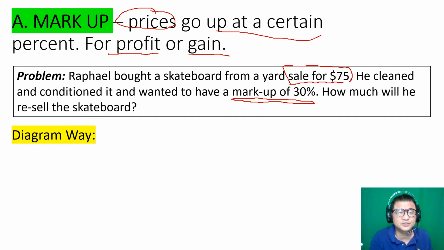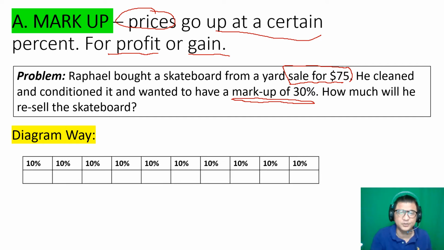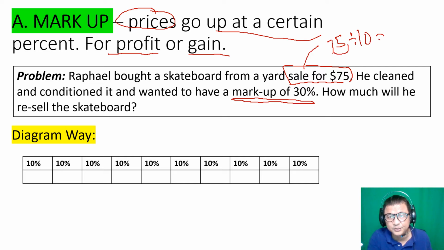So let's use the diagram strategy. We think of the diagram as 100% divided. Let's divide 75 by 10. Just move the decimal point to the left. That's $7.50.